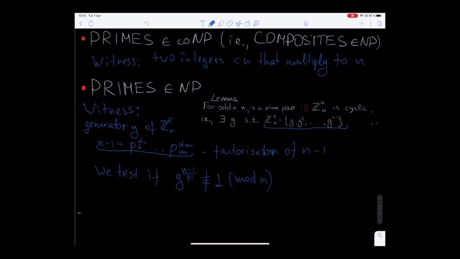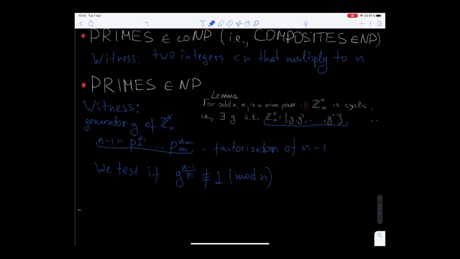Why? n-1 is not. Okay. We do need to check that G to n-1 is 1 mod n. Yes. Okay, but my point is that you can discard prime powers in the very beginning just by discarding powers of numbers, and we want to check that this is a generator.